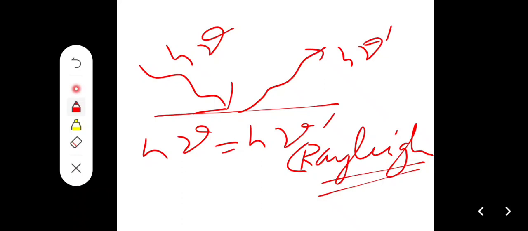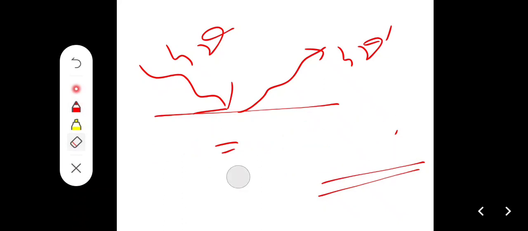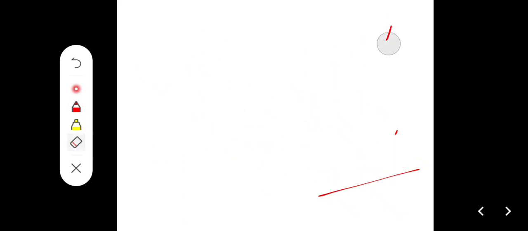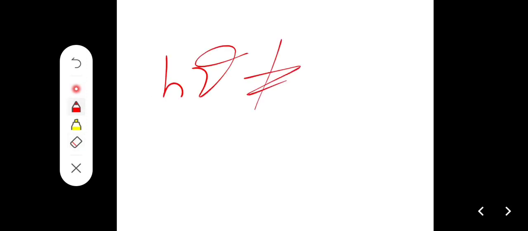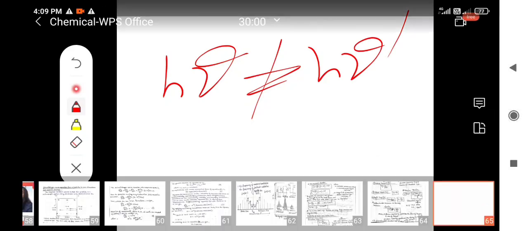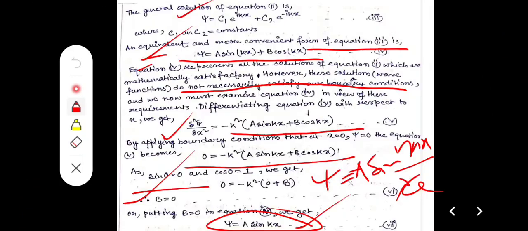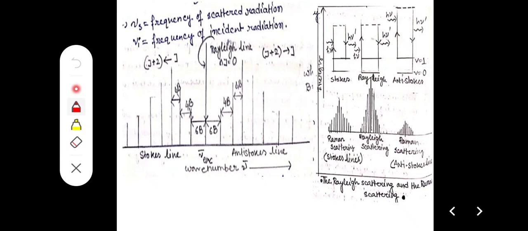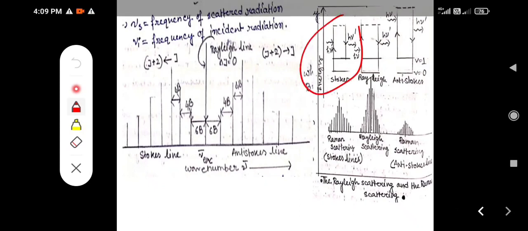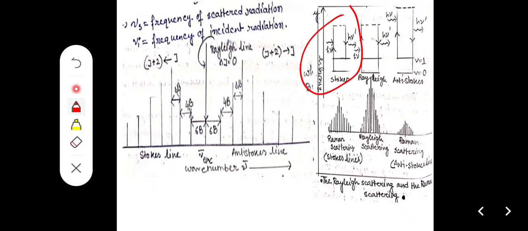But for Raman scattering, h nu is not equal to h nu dash. Suppose we have the Stokes line and the anti-Stokes line in Raman scattering; they should not be equal.